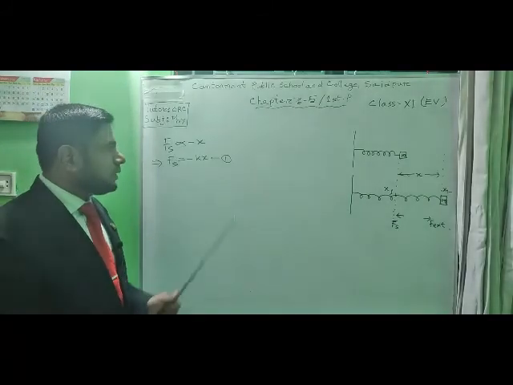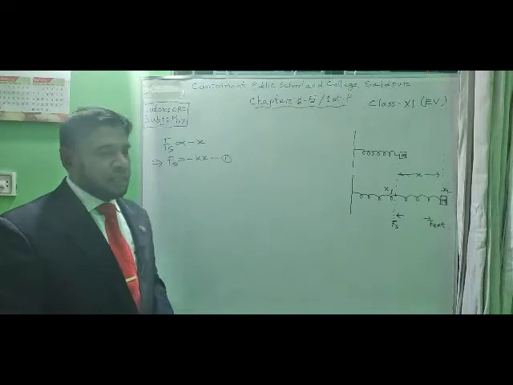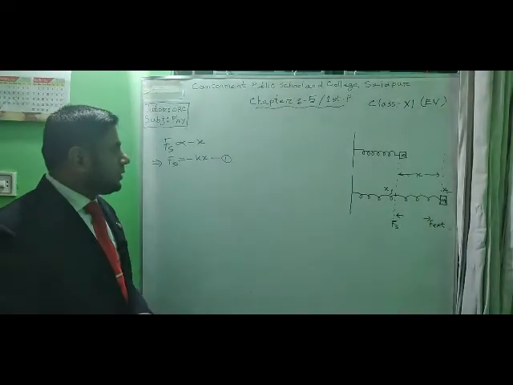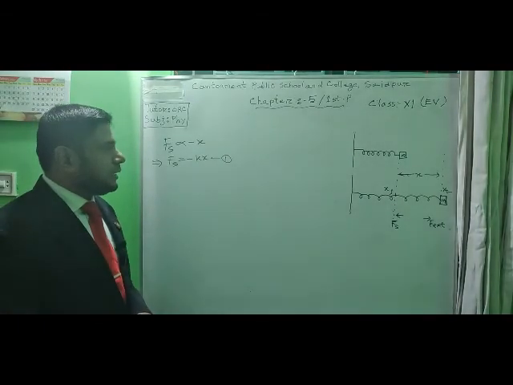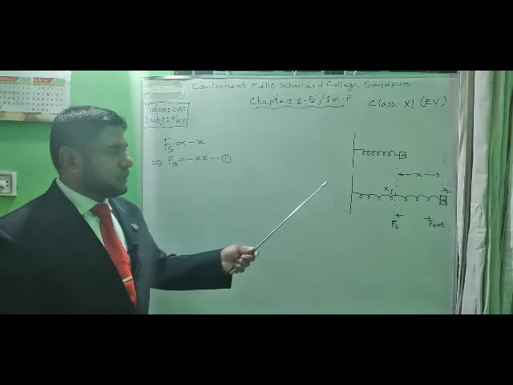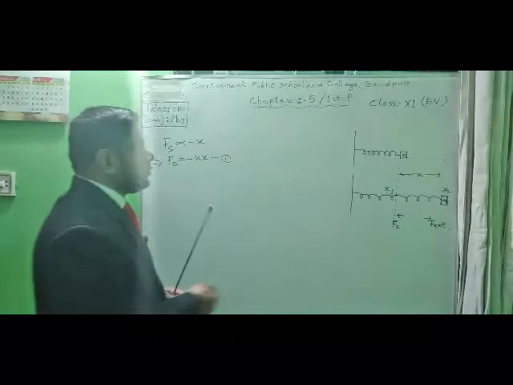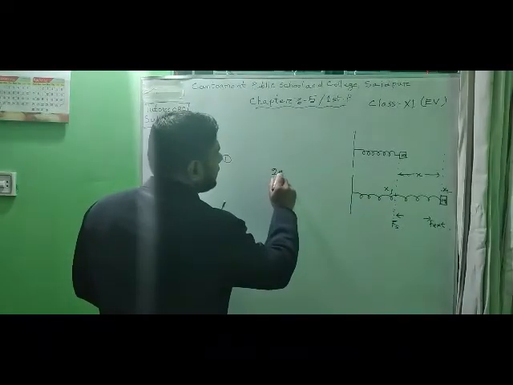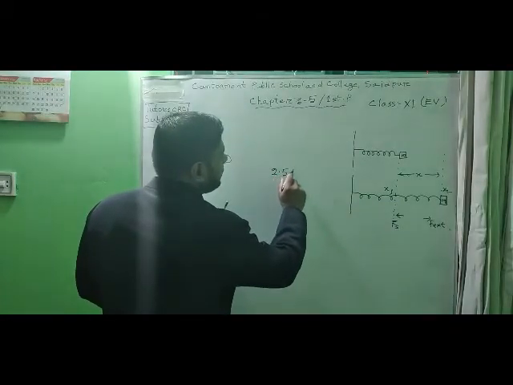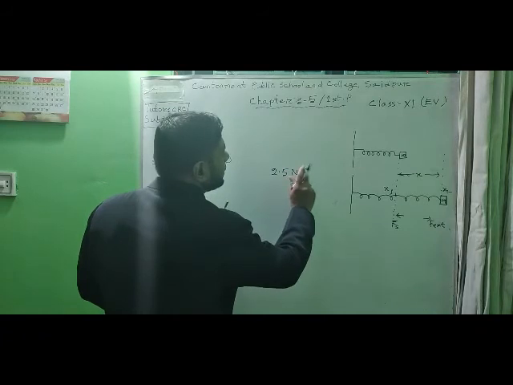So from here you will face another important understanding-based question. What do you mean by the spring constant of a particular spring for a particular value? Suppose, what do you mean by the spring constant of a spring is 2.5 Newton per meter?